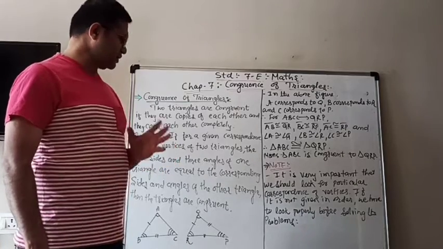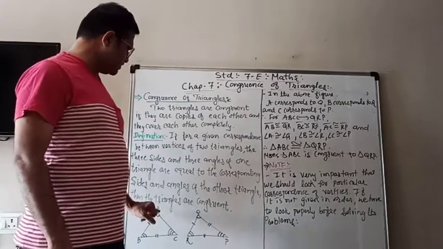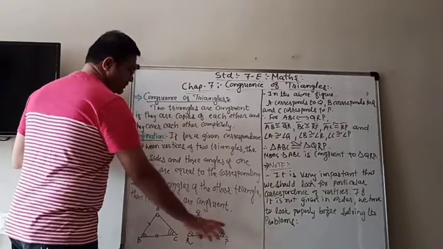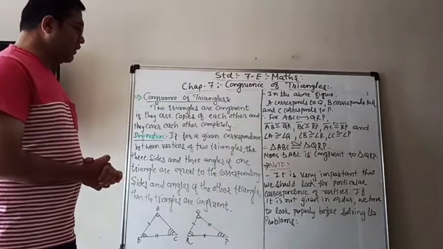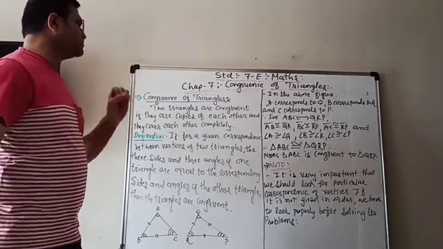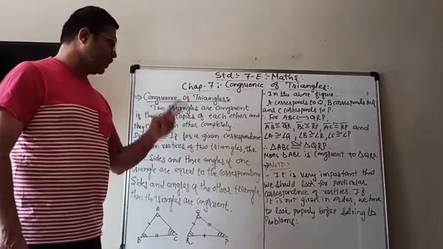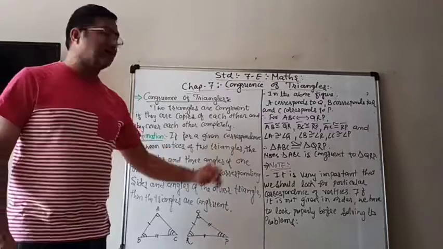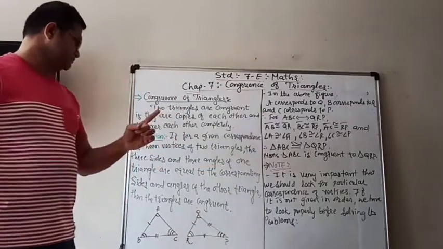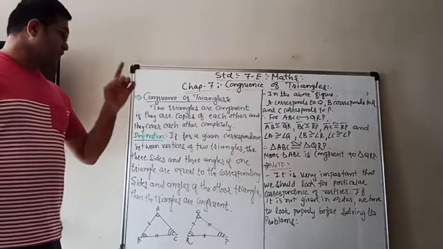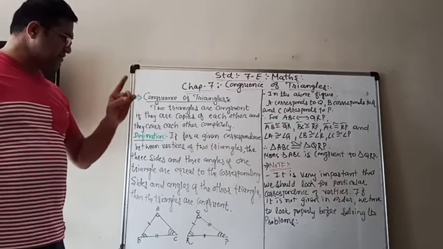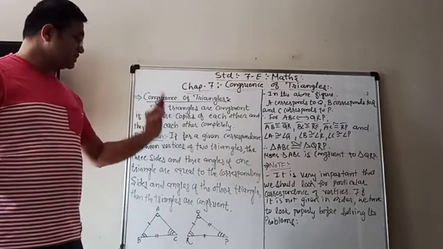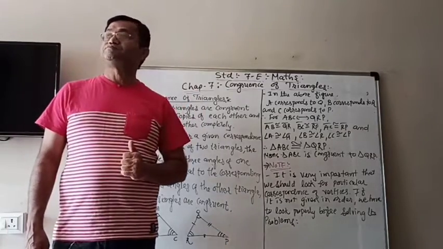One triangle has three vertices, like triangle ABC has A, B and C, and the other has Q, R and P, like that. Now, if for a given correspondence between vertices of two triangles, the three sides and three angles of one triangle are equal to the corresponding sides and angles of the other triangle, then the triangles are congruent.